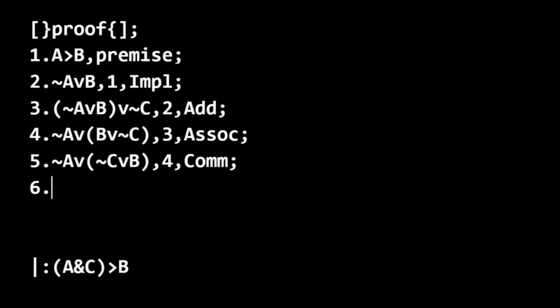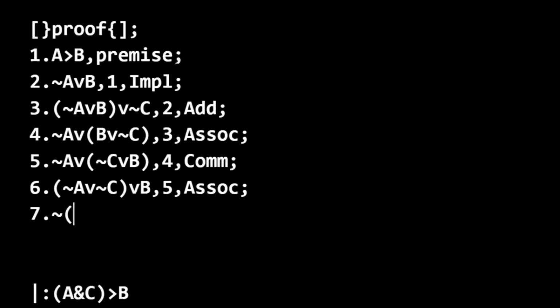And now we can use associativity again. So I'm going to associate together not A or not C and leave the or B part out there. This is 5 by associativity.